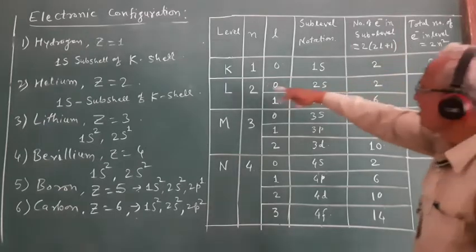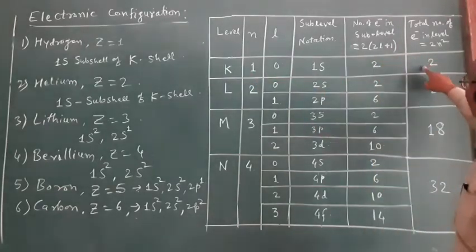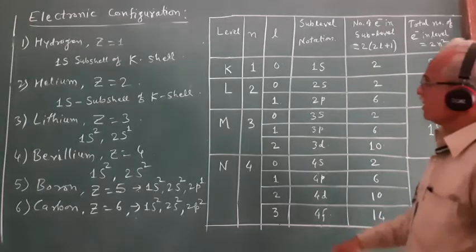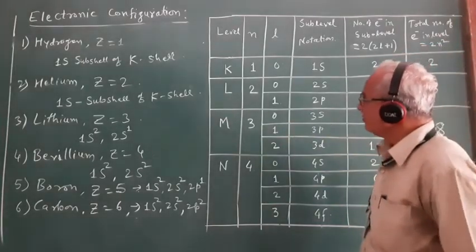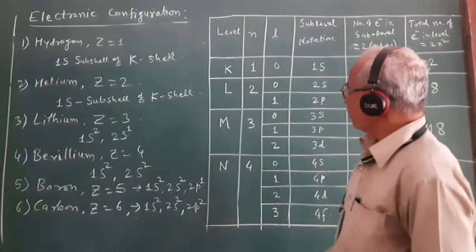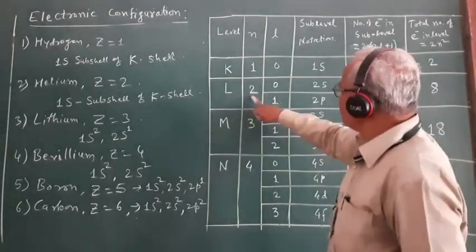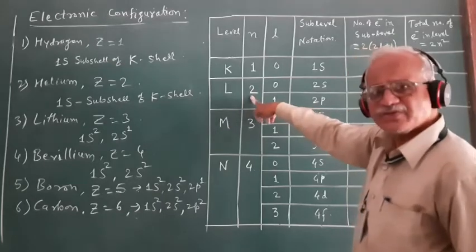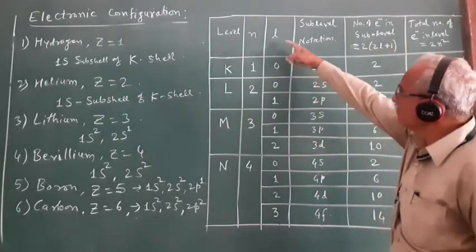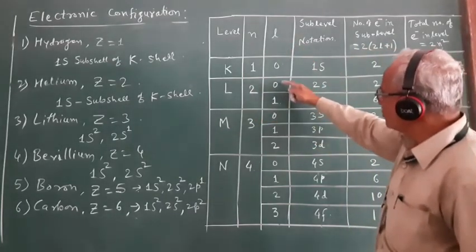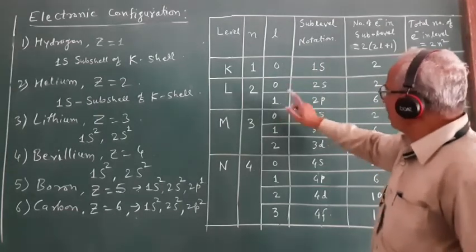So in the K shell, the maximum number of electrons accommodated is equal to 2. Then the second shell or orbit is denoted by L, for which the principal quantum number n is 2, so that the possible values of l are 0 and 1.